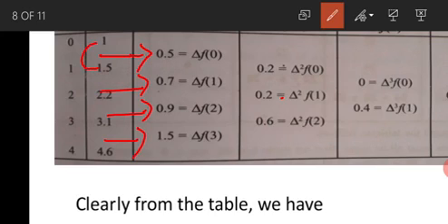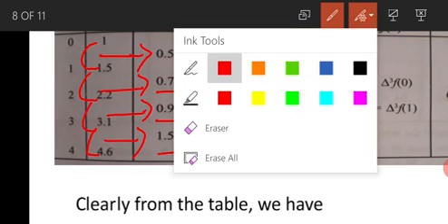What will be the difference? 1.5 minus 1, 0.5. 2.2 minus 1.5, it is 0.7. 3.1 minus 2.2, 0.9. 4.6 minus 3.1, 1.5. Right? So this is delta of f of 0, delta of f of 1, delta of f of 2, delta of f of 3.